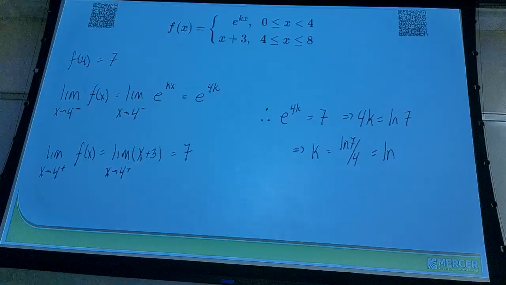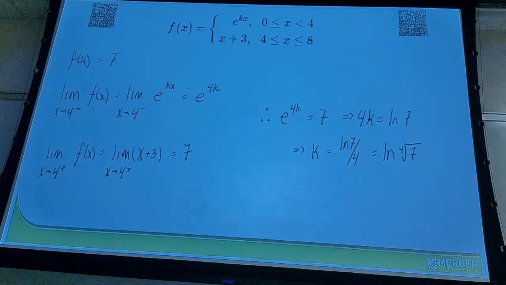Wouldn't it be ln 7 minus ln 4? That's not simplifying. Would you multiply the 4 to the others? Yes. It's natural log of the 4 through to 7.